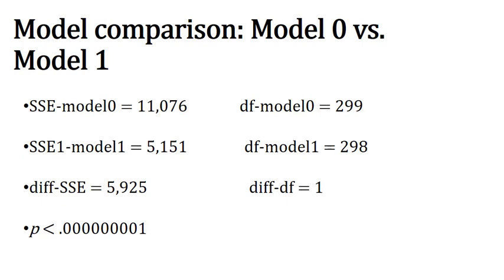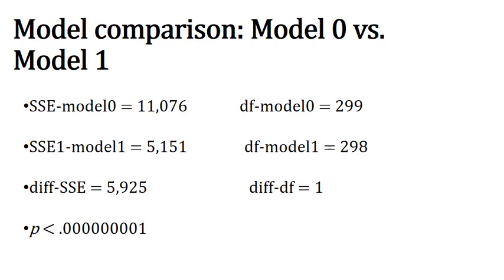So the traditional methods want to come up with a p-value in order to see which model is best. Okay, so this approach allows us to do this when the models are nested.